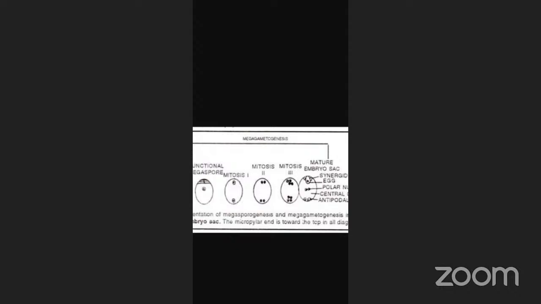Each megaspore nucleus undergoes two mitotic divisions forming a 4-nucleate embryo sac, and finally the organization is similar to the Polygonum type.